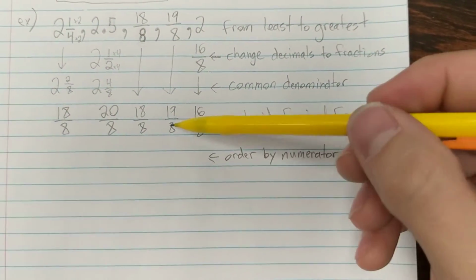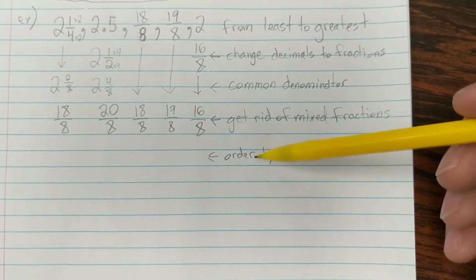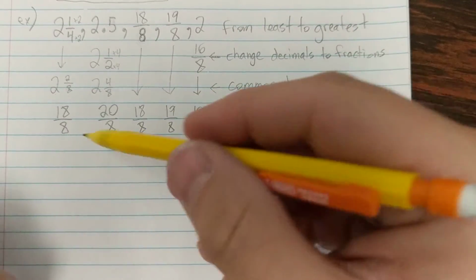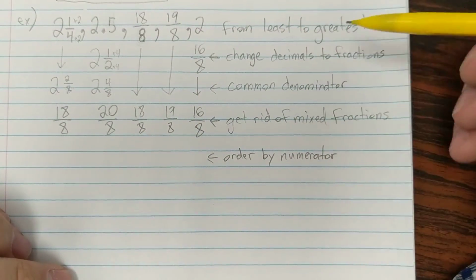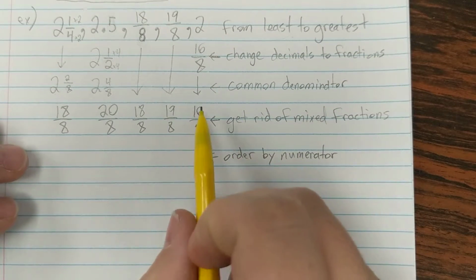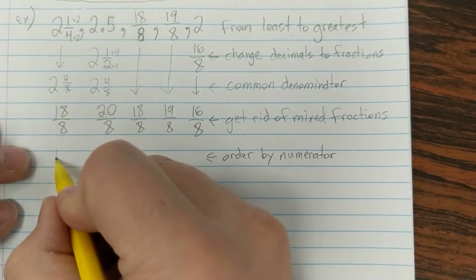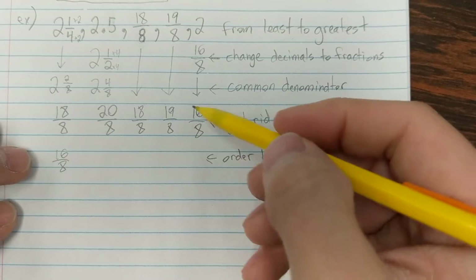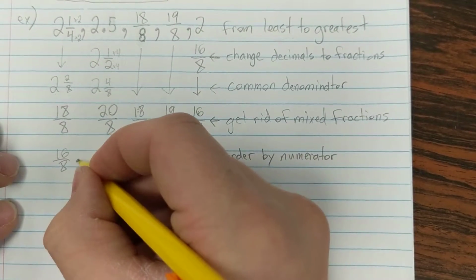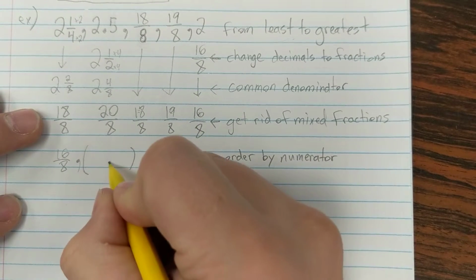Now that we all have 8s at the bottom, we need to order the fractions based on how big the numerators are, from least to greatest. So start with least, go to greatest. Sometimes that'll be switched. It's not here. So looking at these, we have 16 as our lowest numerator. So I'm going to write that one first, 16 over 8. Next lowest, we have 2 that are actually equal. How I like to show this is to put these 2 in brackets.